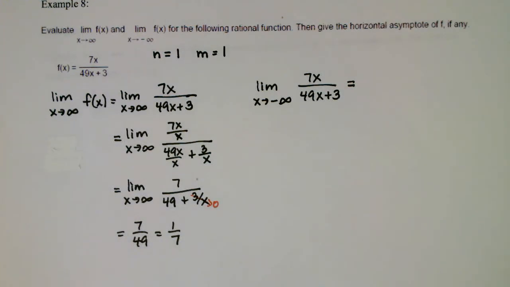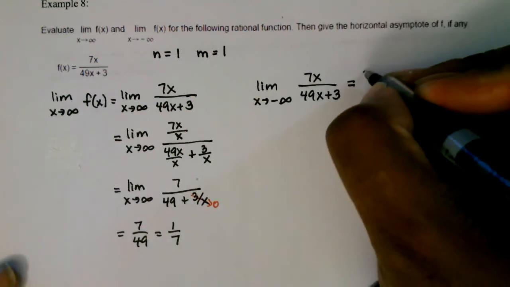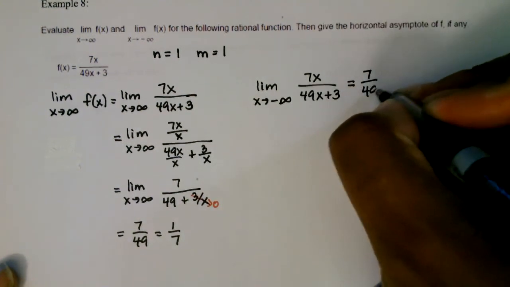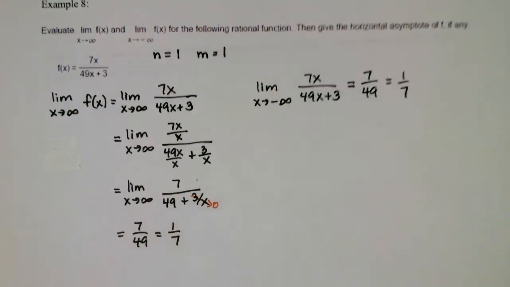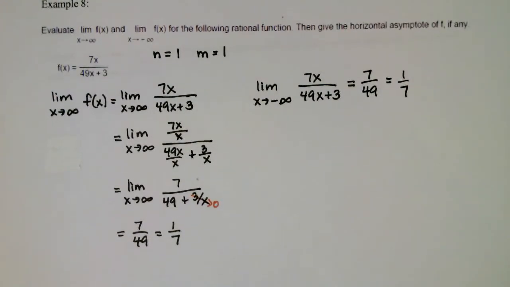So I'm going to end up with still 7 over 49, which will be 1/7. Okay, so at positive infinity, the limit of that function goes to 1/7, and at negative infinity, the limit of that function is also going to 1/7.